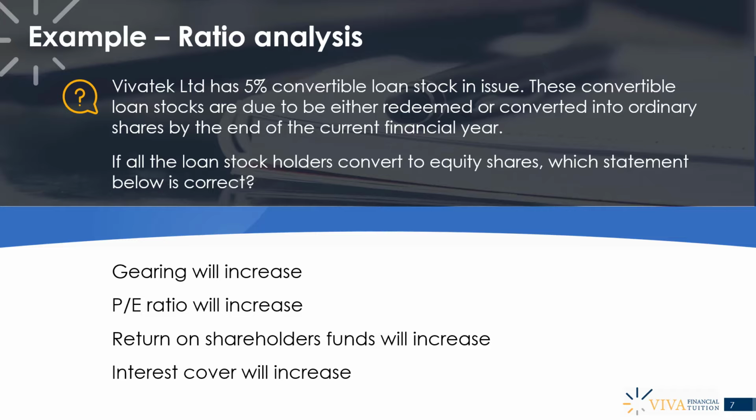And then here we're told that the amount of debt is going to decrease because they're converting these loans, so the loans are not going to be there anymore. And they're going to convert them into equity, so the amount of equity will increase. So adjust your numbers and see what happens. Okay, pause the recording here and have a think, and then we'll compare notes.